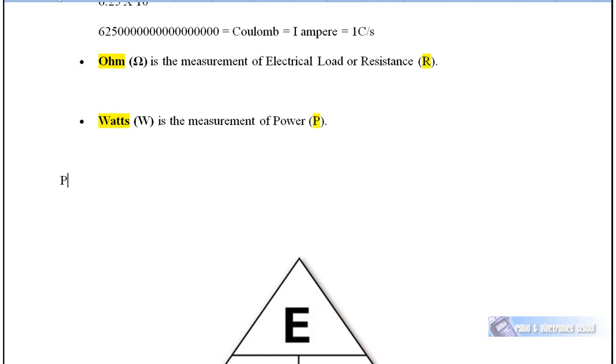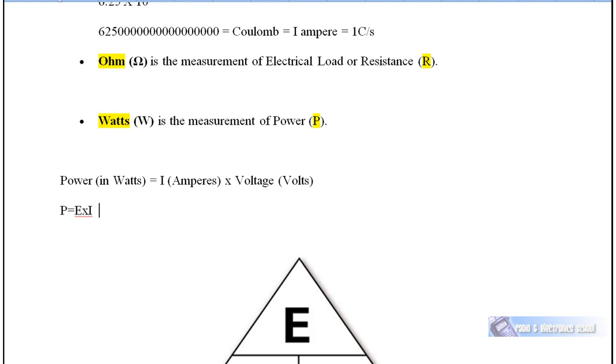So power in watts equals the current in amperes multiplied by the voltage in volts. Or put just a little bit more simply, P equals E multiplied by I.